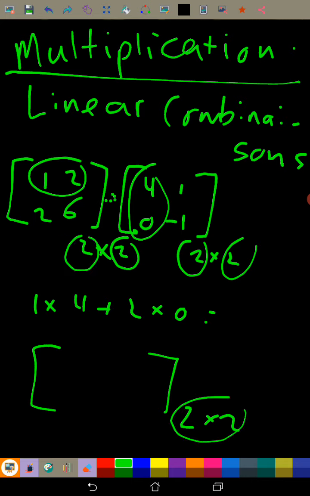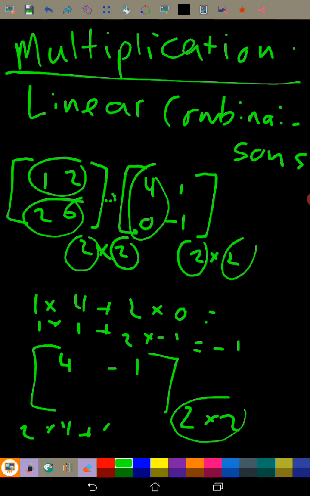So we're going to have 1 times 4, 4 plus 0, 4. And then we do 1 times 1 plus 2 times minus 1, 1 plus minus 2, minus 1. And then we do the second row. We have 2 times 4 plus 6 times 0 equal to 8.